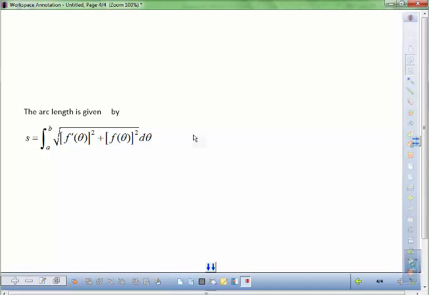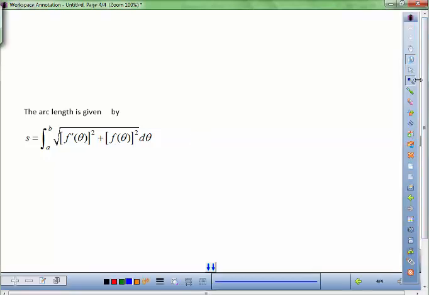We could just look at the formula as a formula, or we can see where it actually came from. Let's see if we can quickly remember where it could have come from. So we have a polar coordinate function that's usually represented by r is equal to something with a theta in it.